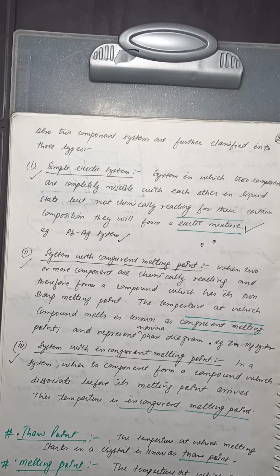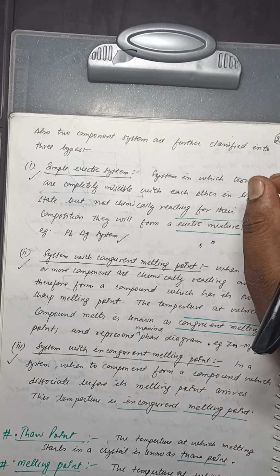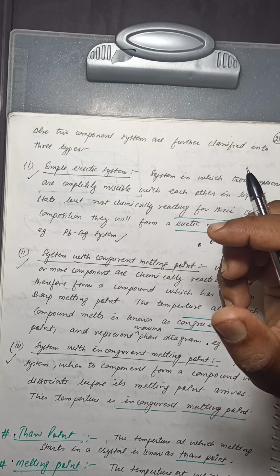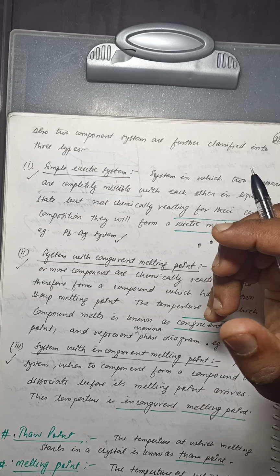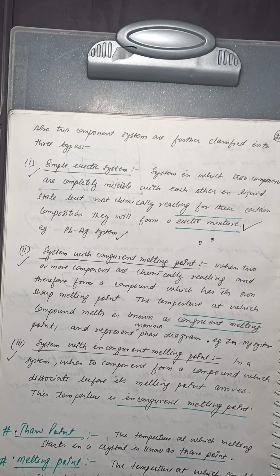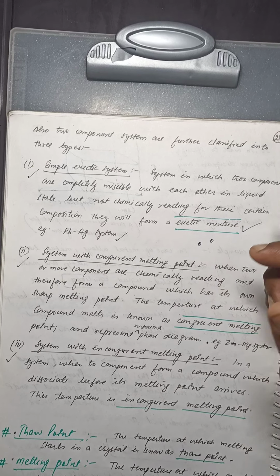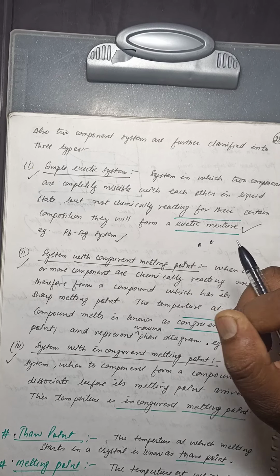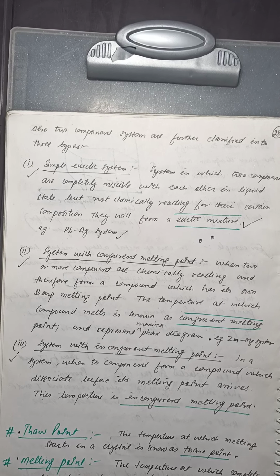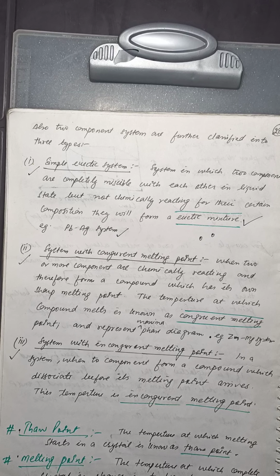The third type is the system with incongruent melting point. When the components form a compound which dissociates before its melting point arrives, this temperature is known as the incongruent melting point, and the system arising is a system with incongruent melting point, which is a type of two component system.